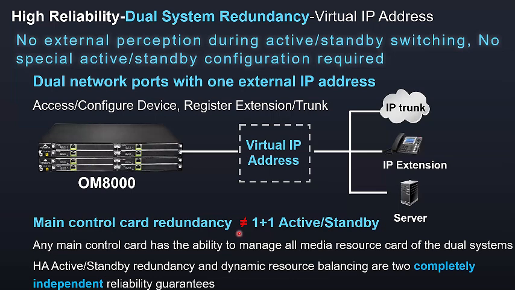And we really guarantee, because we have the so-called 1+1 redundancy, not just for power, but also for network, and of course for the main control card. We also have N+1 redundancy for the media resource. The media resource card refers to the auto load balancing of the resource card for the concurrent call.